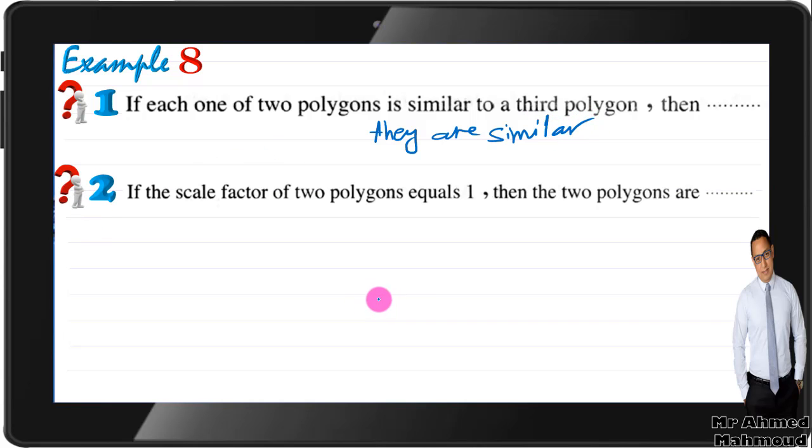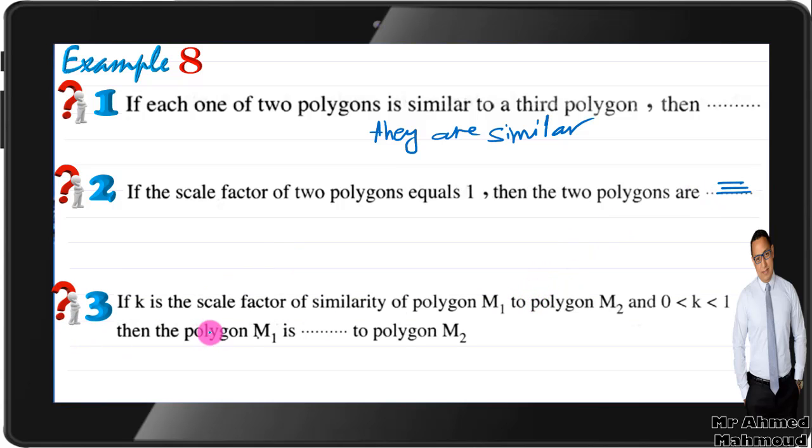If the scale factor of two polygons equals 1, then the two polygons are congruent. If k is the scale factor of similarity of polygon M1 to M2 and k is between 0 and 1, then M1 is minimizing or shrinking to M2.